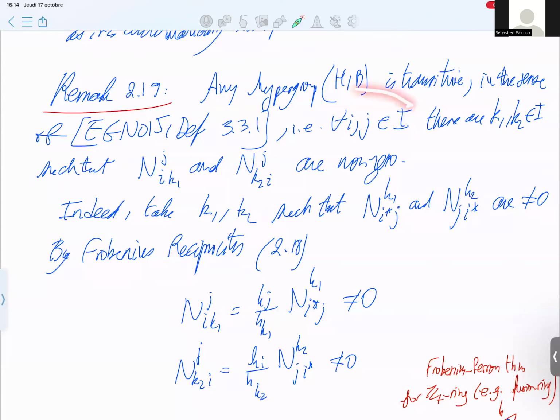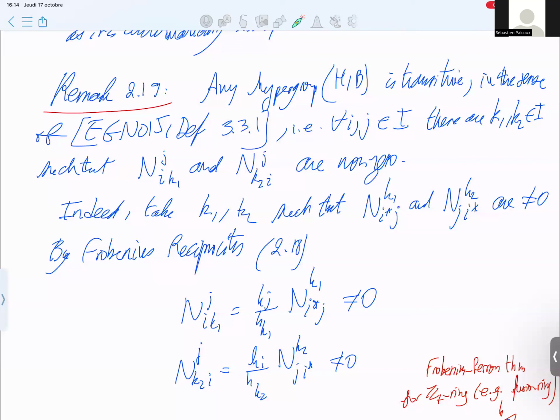So for all indices, you can find two other indices such that this and this are non-zero. So this transitivity is saying that two indices can be related in some sense by a non-zero fusion coefficient.